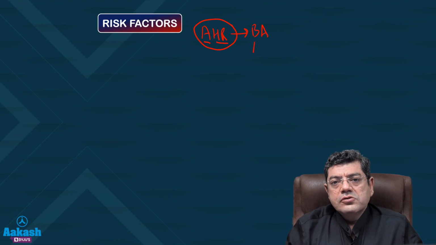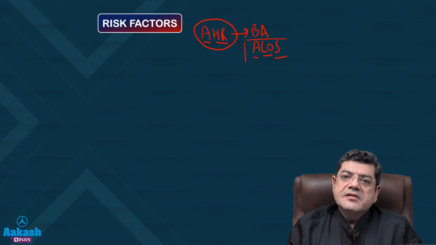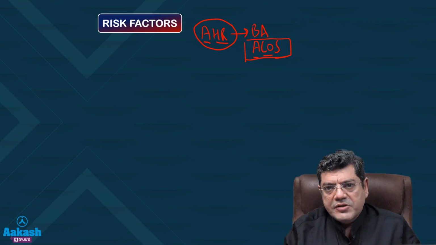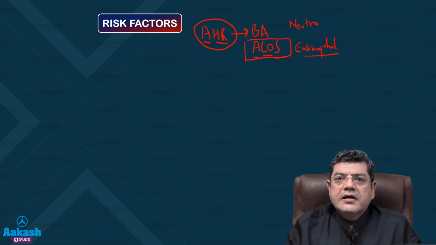Now, you also know of the entity called ACOS, asthma COPD overlap syndrome, right? So, in these patients, there are usually two hypotheses. One is that you know that asthma is predominantly an eosinophilic inflammation, eosinophil driven inflammation.